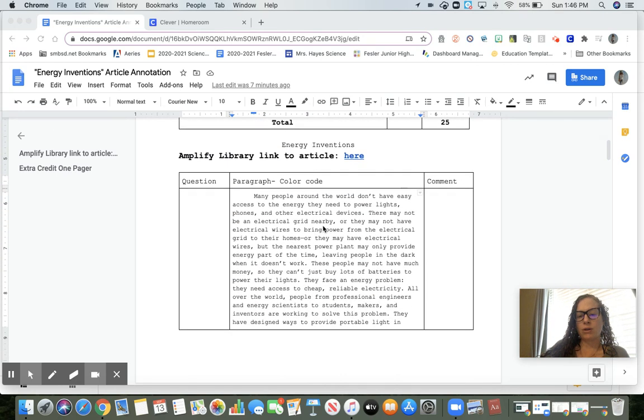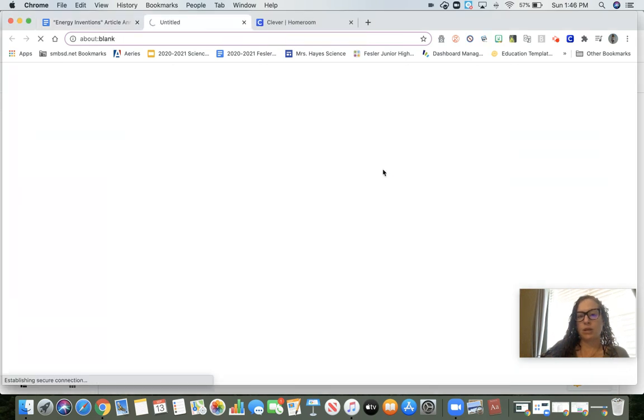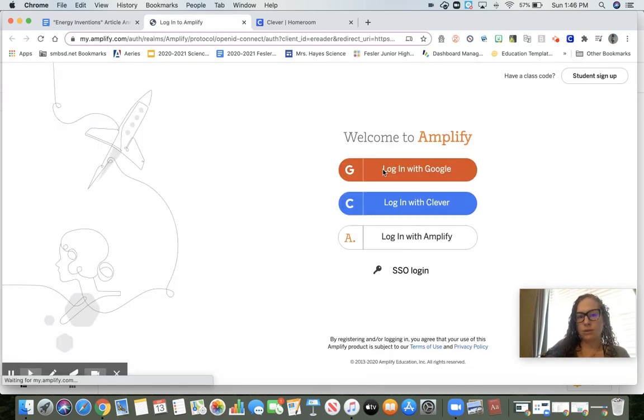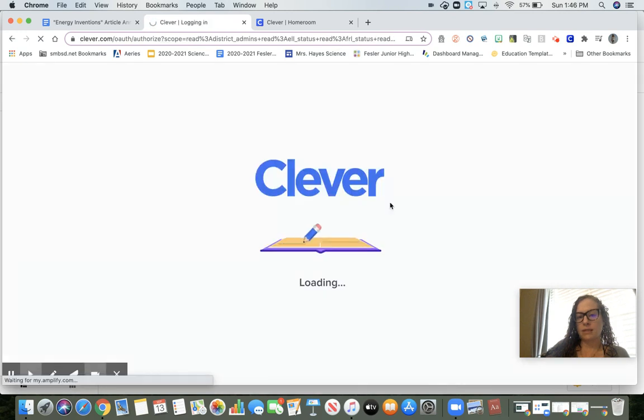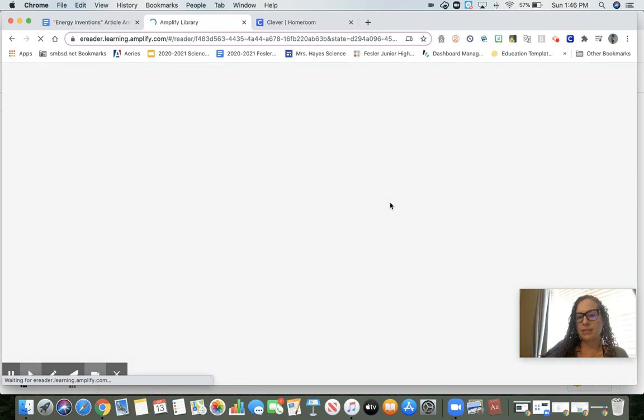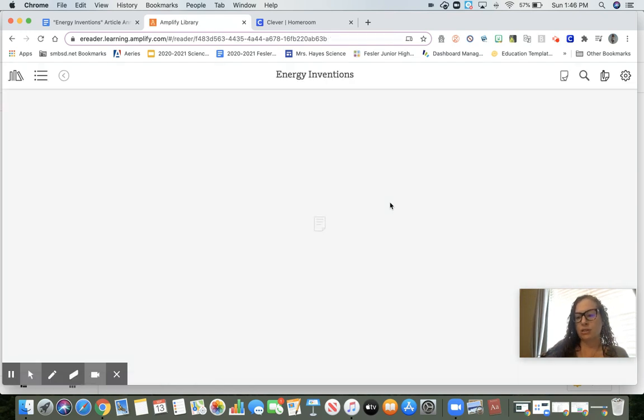So if we are not good readers, one thing that is always helpful is that Amplify will read the article to you. So if you click this link, it will take you to the article, but you need to log in first. So remember, log in with Clever. And then it's going to take us to the actual article in the library. If for some reason it doesn't, just go through Amplify, go to the library, and search for the article.